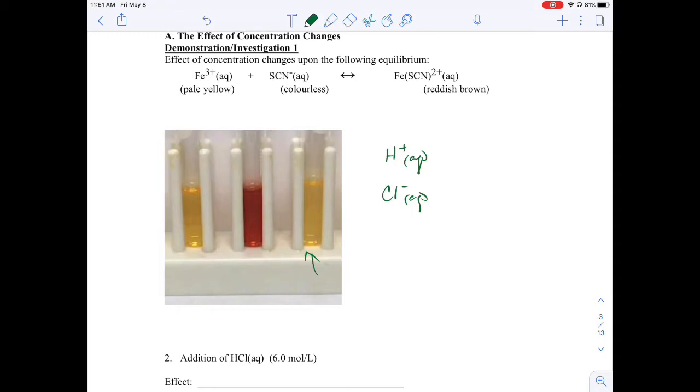Neither of those things are participating in this reaction, and they haven't caused an effect, so they must not actually be reacting in some way. But just because it doesn't look like it's part of the system doesn't mean it can't affect the system. So this is an example where we've added something that isn't directly listed, and also doesn't affect the system.